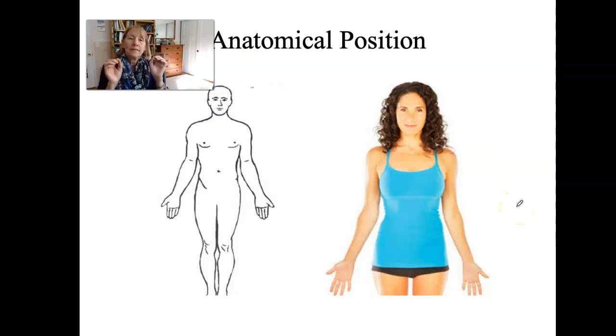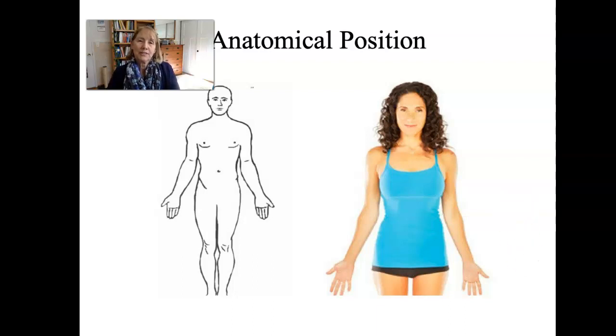If we were to put every patient in one exact position, and we always refer to the organ or the condition as if that person were always in that position, then we're never going to go wrong. So that position is anatomical position.